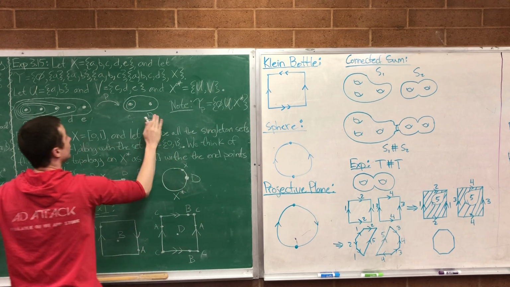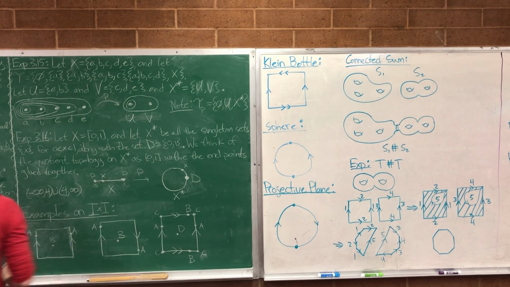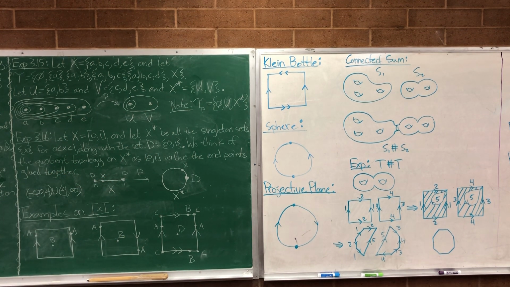Okay, U and V are partitions of X. U and V together give us a partition on X. And that's what X star is. X star is our partition. U we would call a part, using proper terminology, but U, the part, contains. So U is the set containing AB.